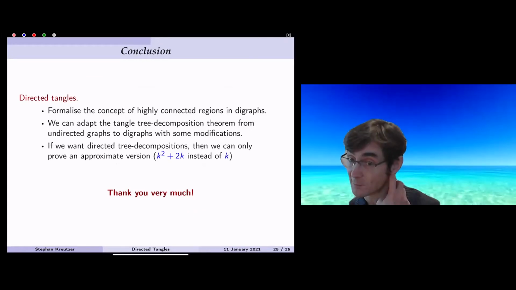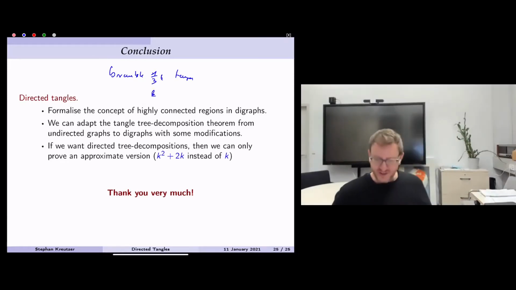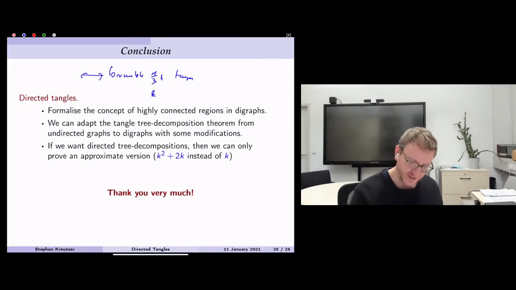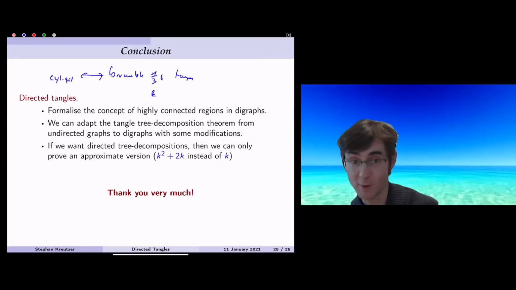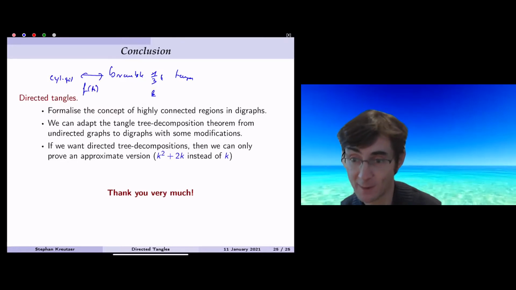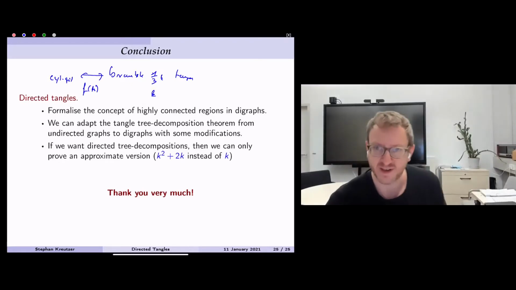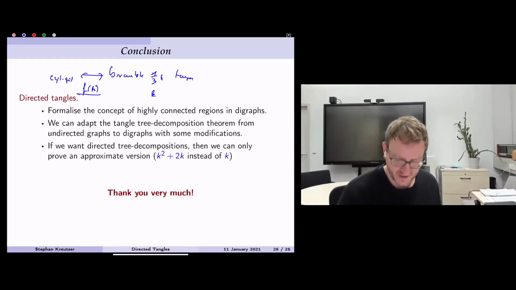Between brambles and tangles, it's by a factor of a third or so in one direction. For grids, of course not. For every bramble, there is a grid associated with it. But this is not linear, and it's not polynomial, it's a function f.